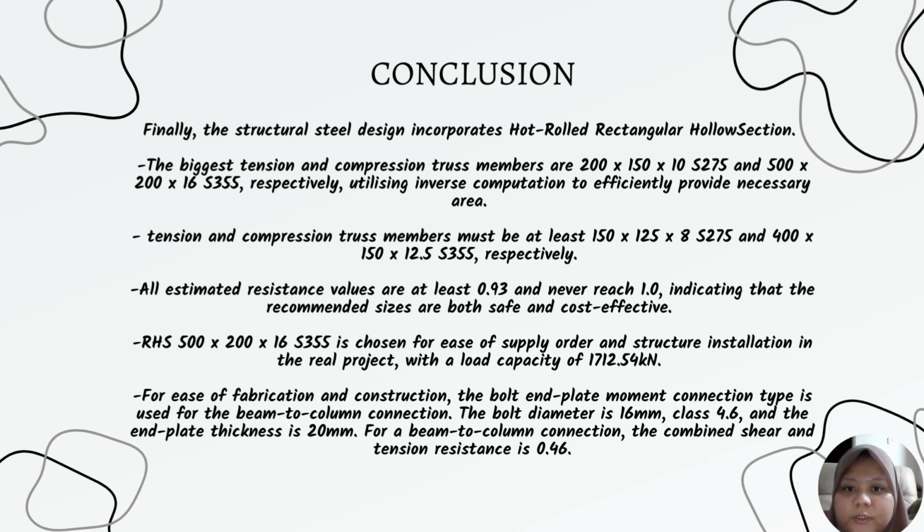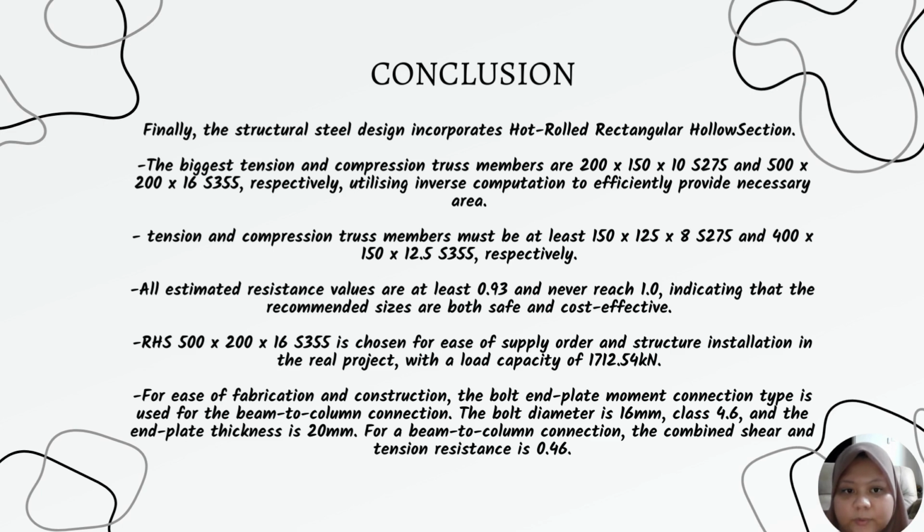Meanwhile, the smallest tension and compression truss members are at least 150 times 125 times 8 S275 and 400 times 150 times 12.5 S355 respectively. All estimated resistance values are at least 0.93 and never reach 1.0, indicating that the recommended sizes are both safe and cost effective.